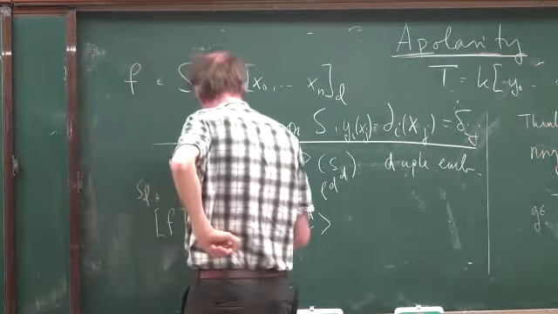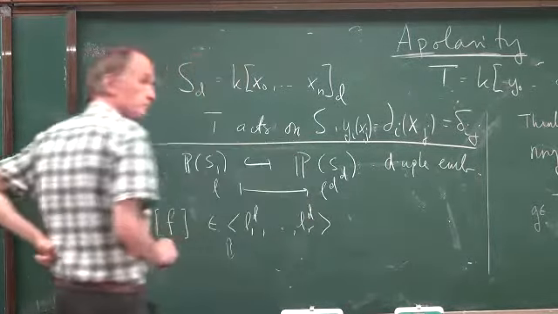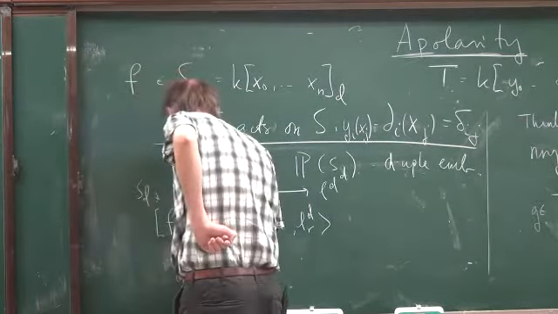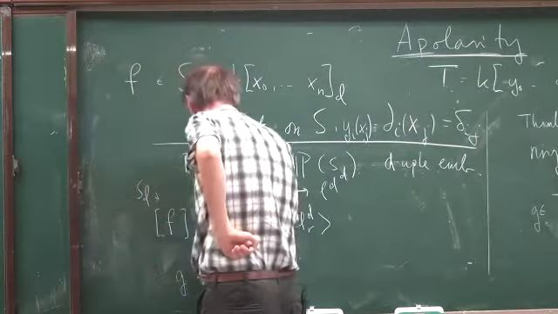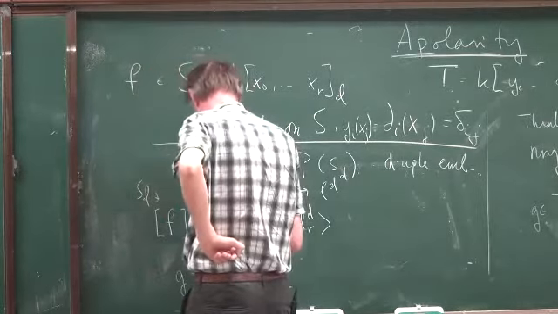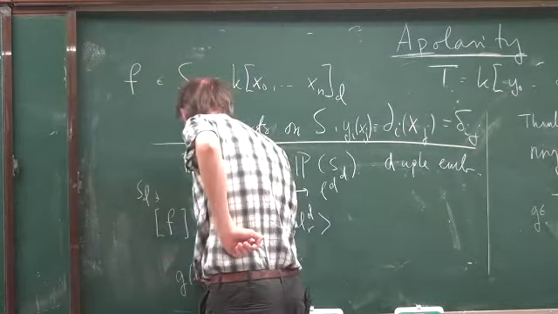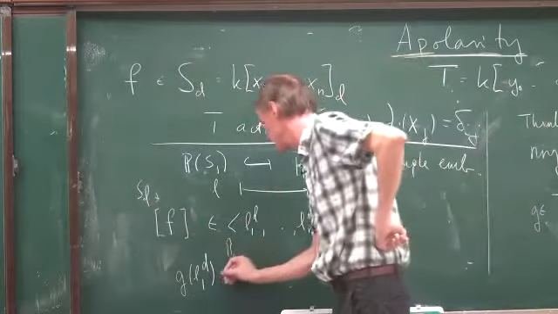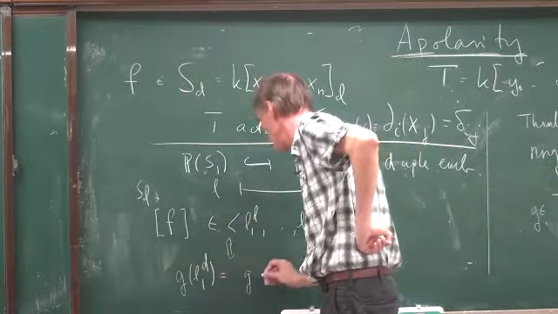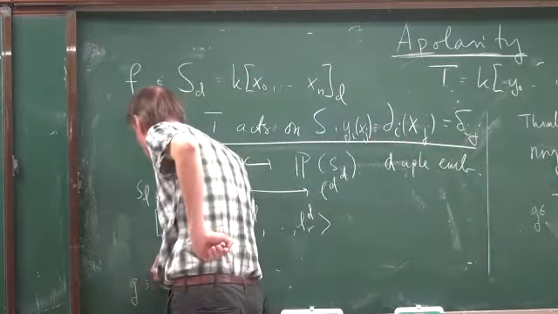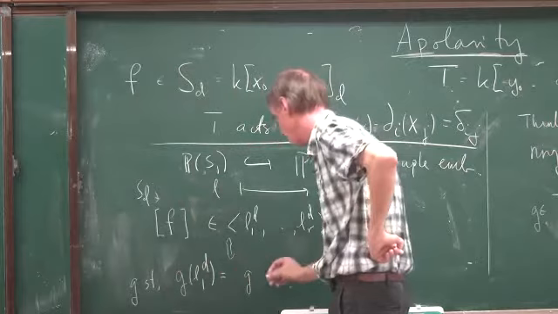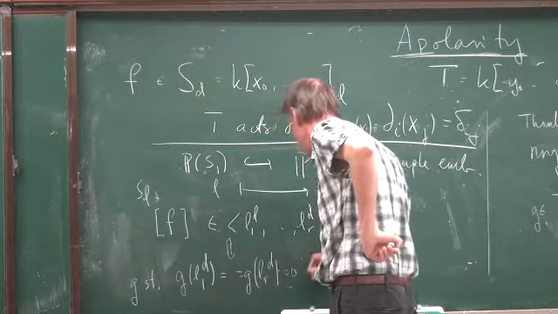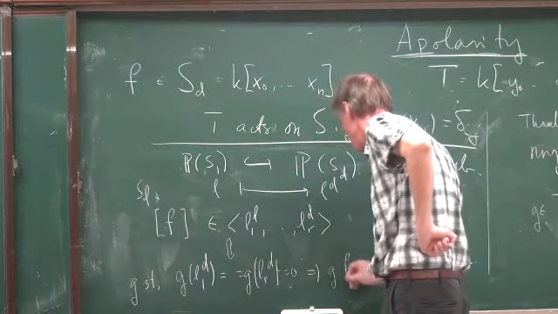If and only if every G that kills all of these guys, G such that G of L1 and all the way up to LR to the D is equal to 0, implies that G of F is equal to 0.